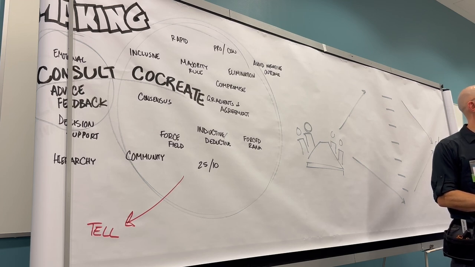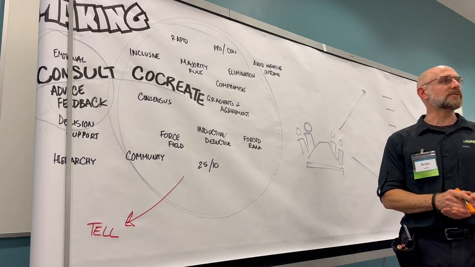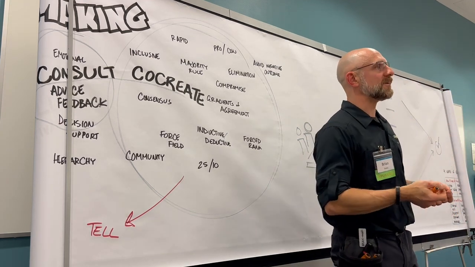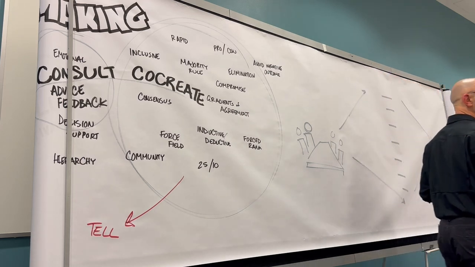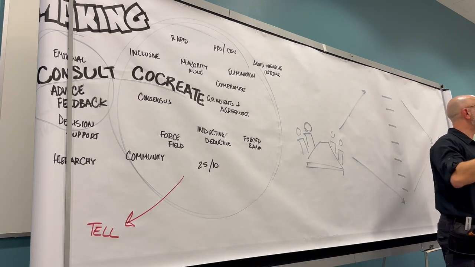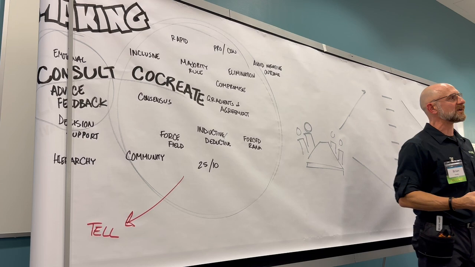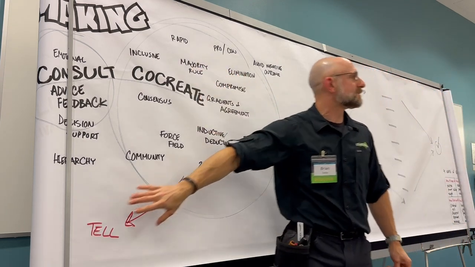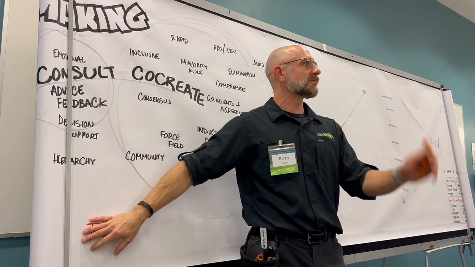It depends on the culture. I think that there's a lot of organizations out there that are very happy being top-down hierarchies where there is no bottom-up information flow. I think it entirely depends on the culture. That's why I keep going back to, you've got to be explicit about the kind of decision-making that you're going to make. If your mode is to just be in the tell mode, say this is this kind of organization, right?